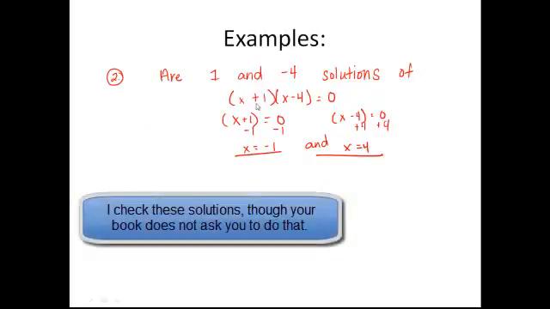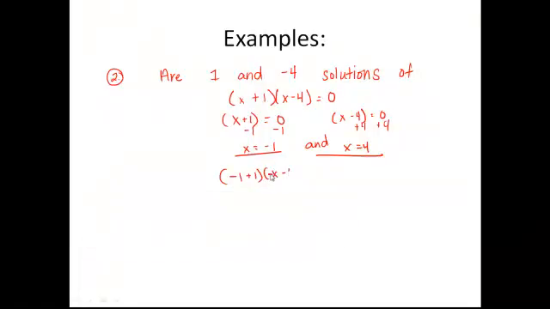If you were to plug in negative 1 into this, negative 1 plus 1 times negative 1 minus 4, so let's check our answer. If we plugged in negative 1 into this equation, we get negative 1 plus 1, which is 0, times negative 1 minus 4, negative 5, is equal to, does it equal 0? Well, it sure does, because we set that factor equal to 0 and solved for it.